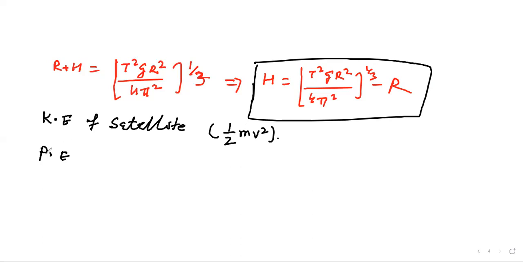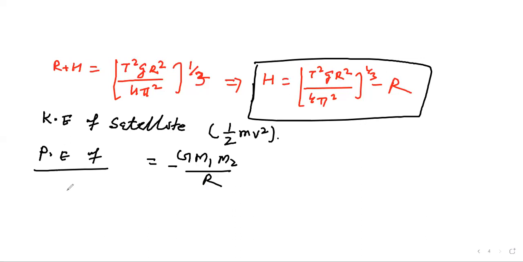The formula for potential energy in gravitation is G m1 m2 upon r. It is negative, where m1 and m2 are the masses of the two objects and r is the separation between them.